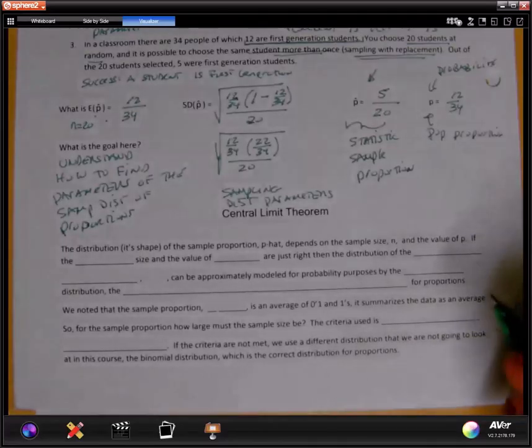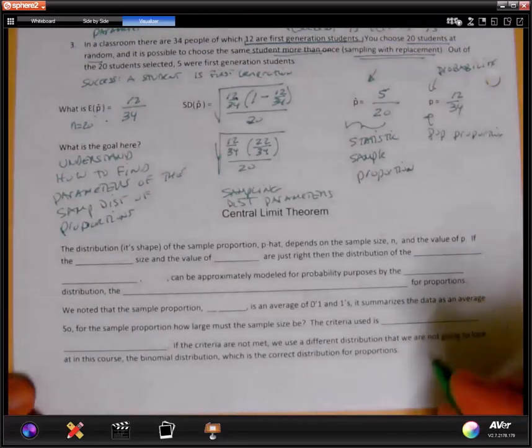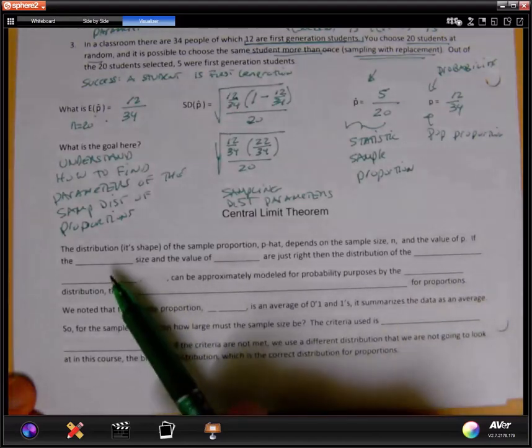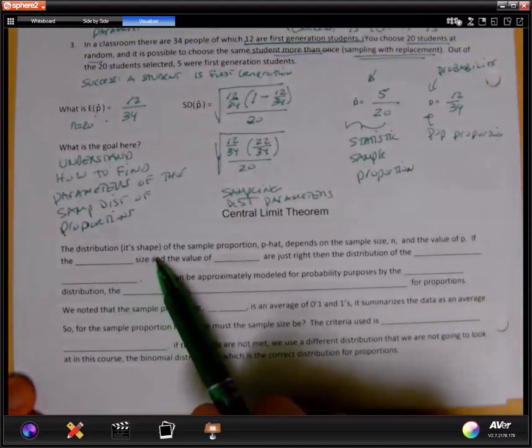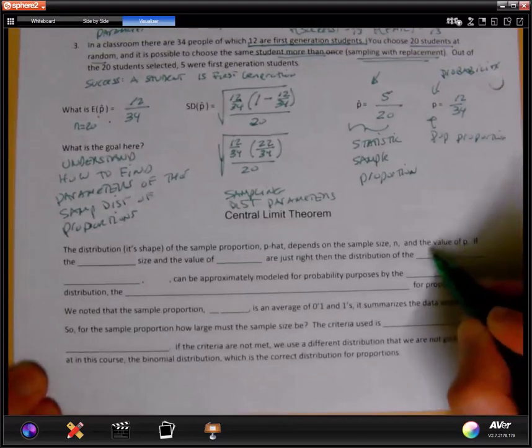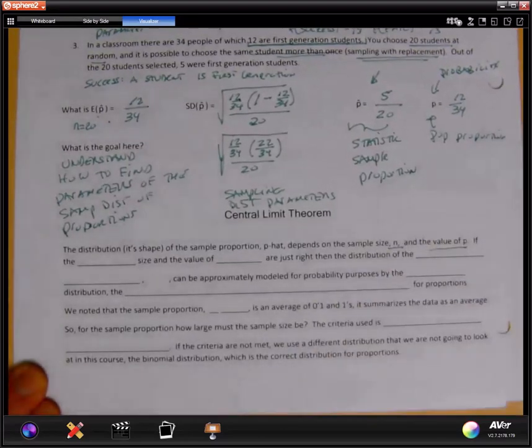We want to look at now the central limit theorem, but applied to the sampling distribution of proportions. Now, the shape of the distribution of the sample proportion, p hat, depends on the sample size n and the value of p. So it is dependent on these two values.